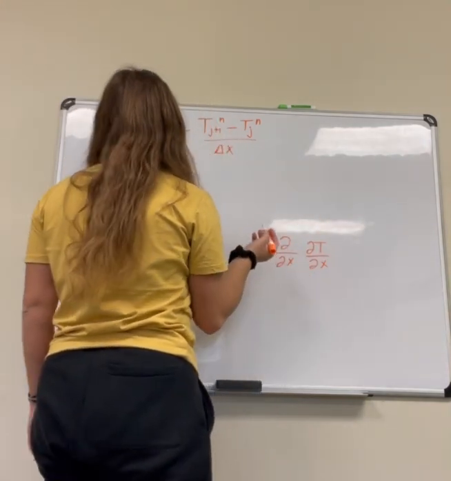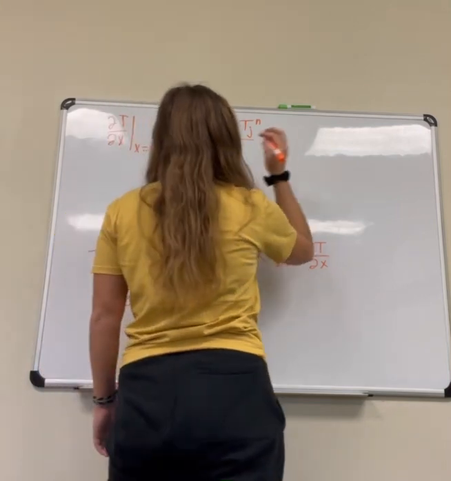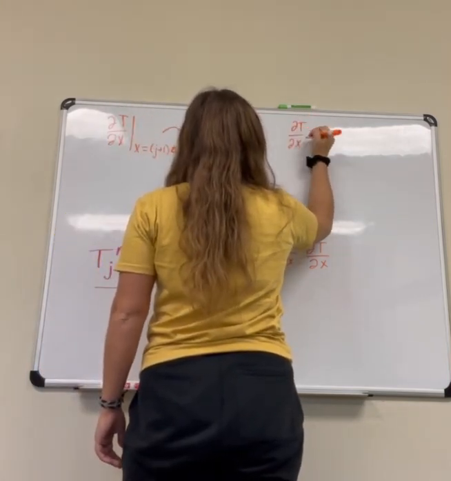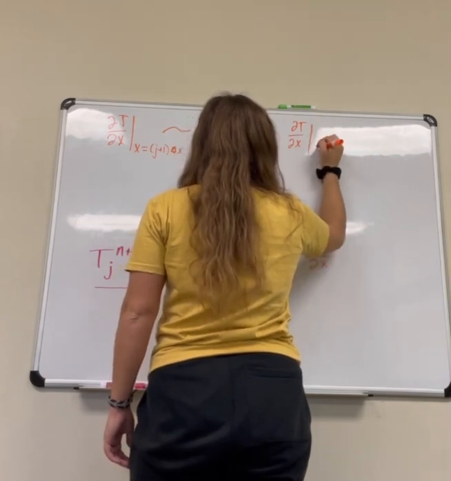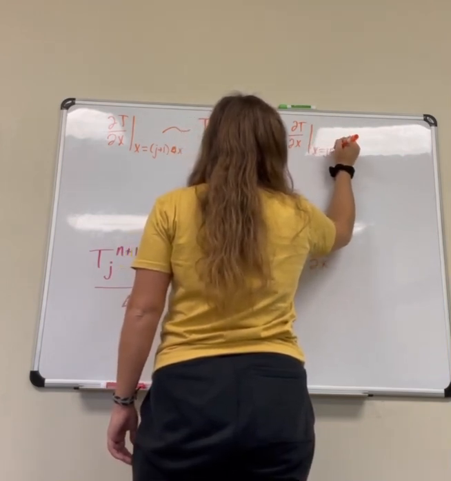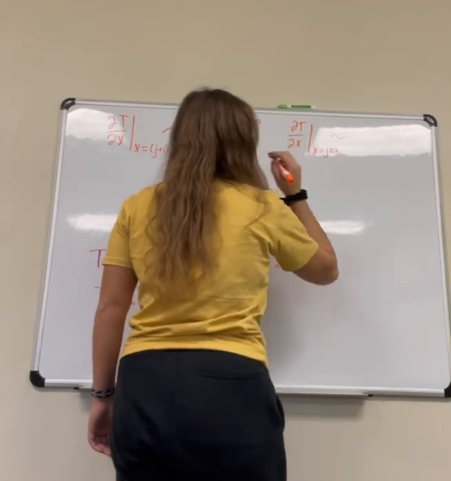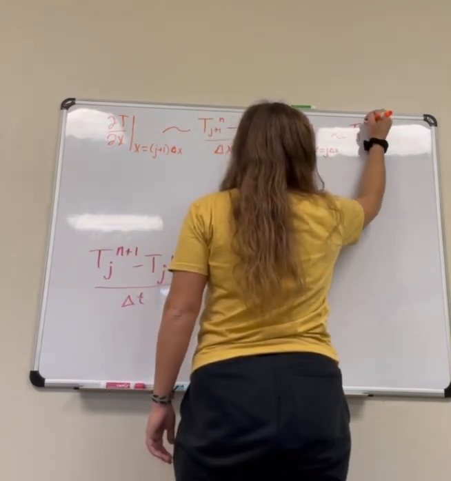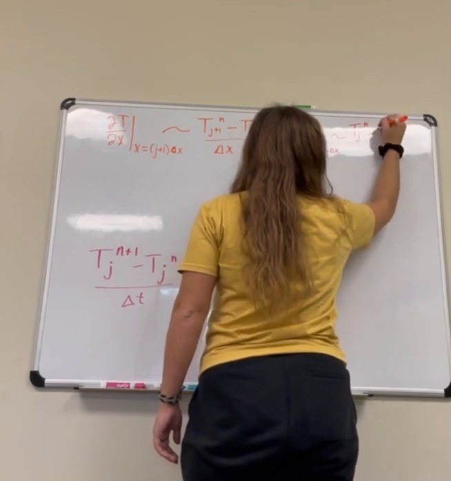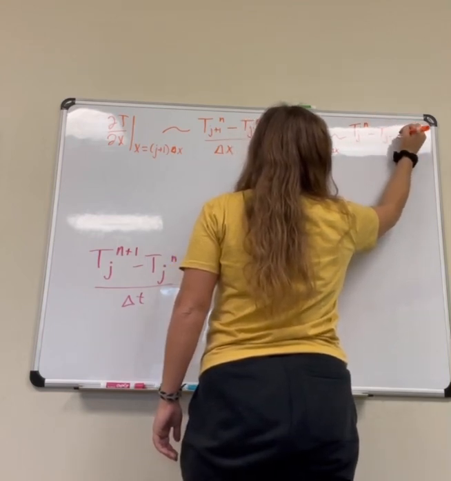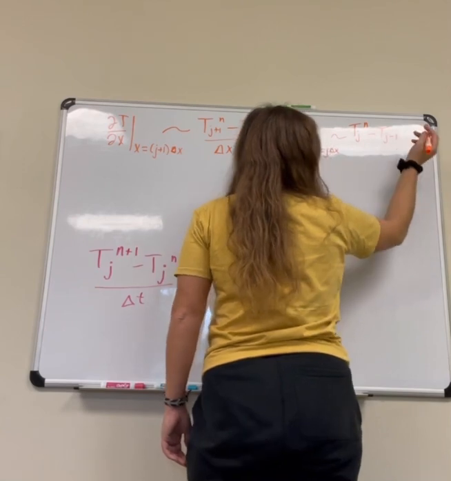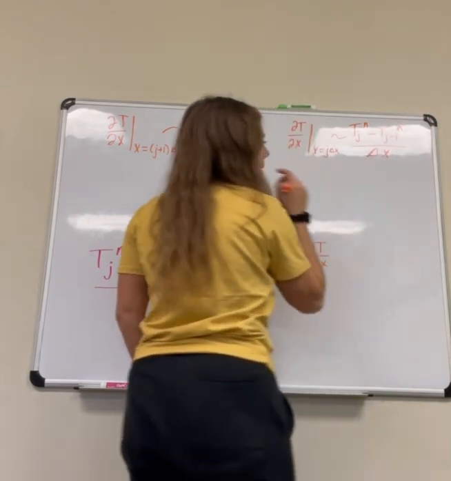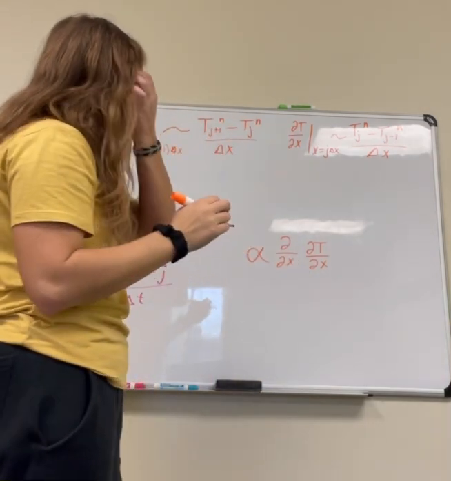And then also looking at the approximation of the derivative of just j, which is going to be t j at time n minus temperature at a position to the left at the same time, all over change in position.